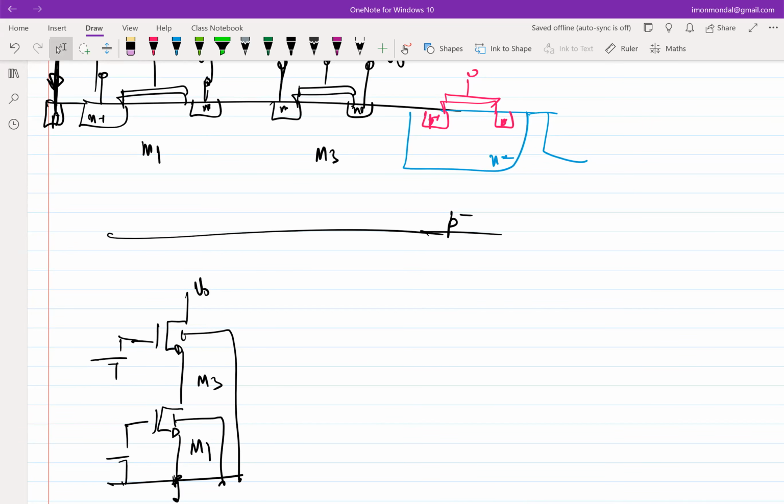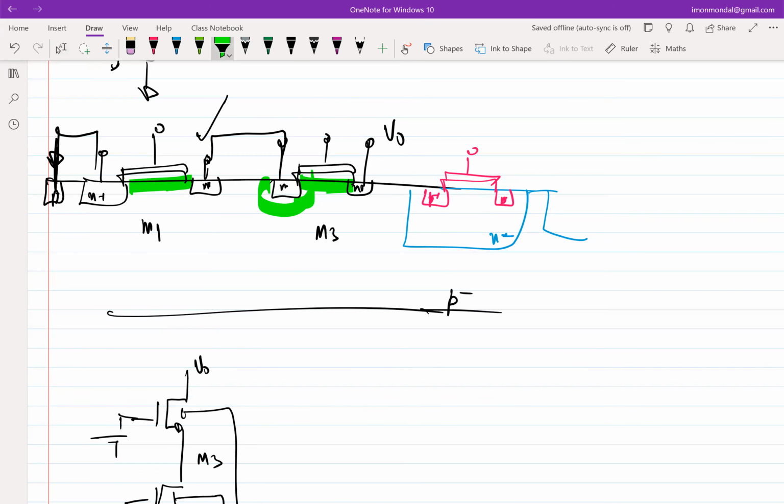Okay. Because of that, the threshold voltage changes, because threshold voltage is essentially a function of how much charge you have and what is the distribution of the charges in the channel. Okay. So because now there is a reverse bias junction around this, right?